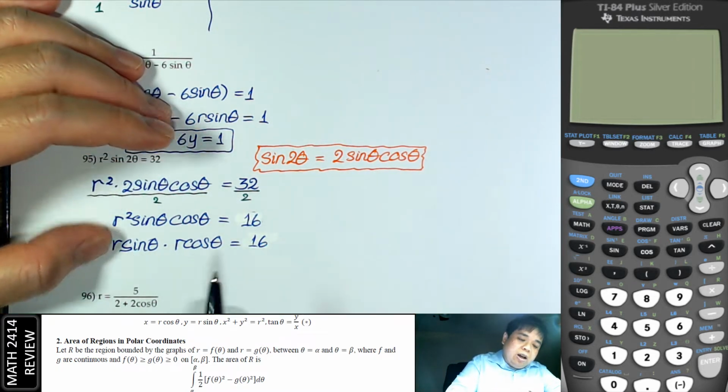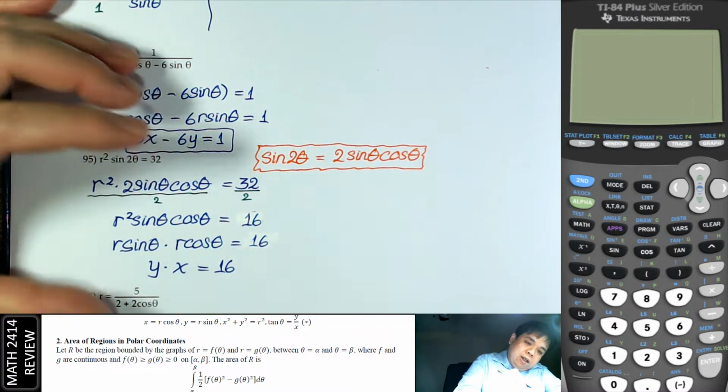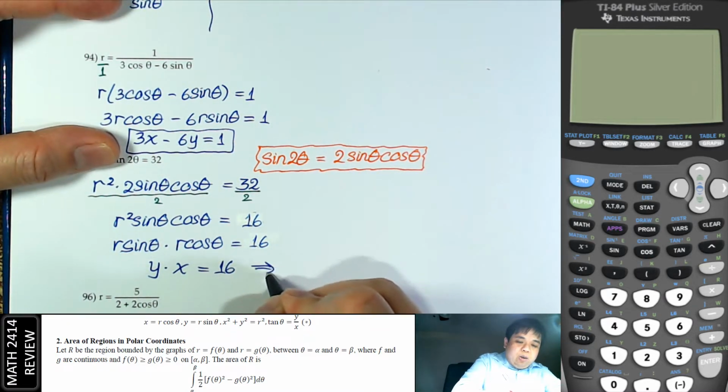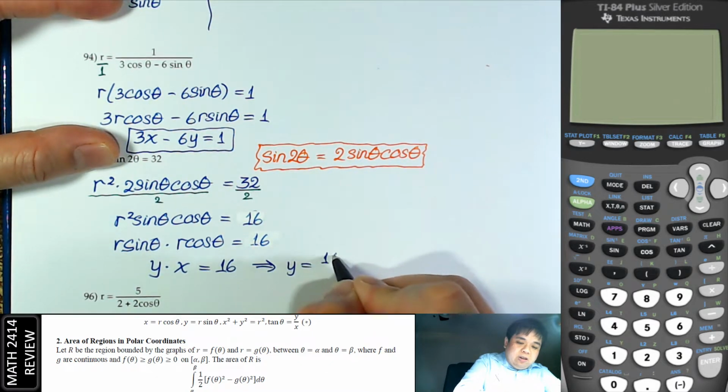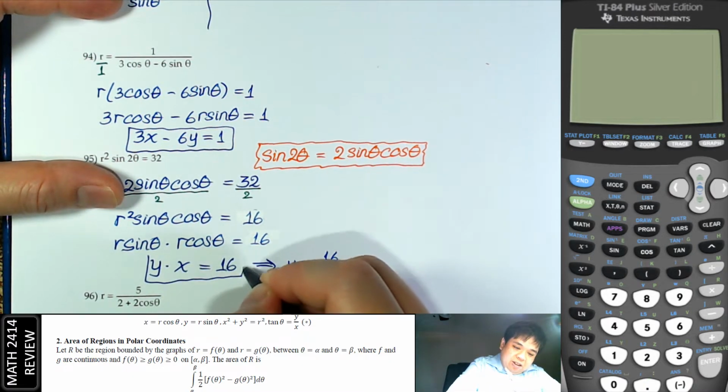And that is y, and that is x. So we have the equation. If we want to, we can say y equal to 16 divided by x. It doesn't matter. This is good enough.